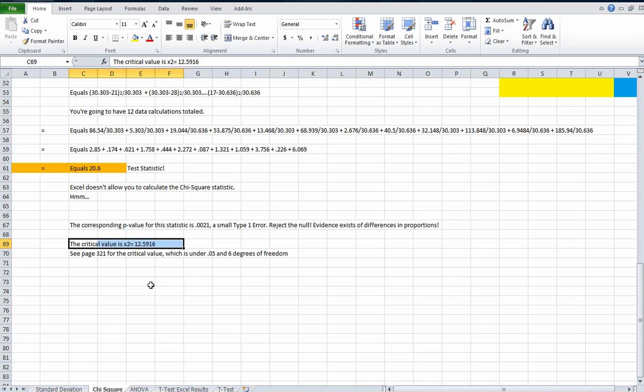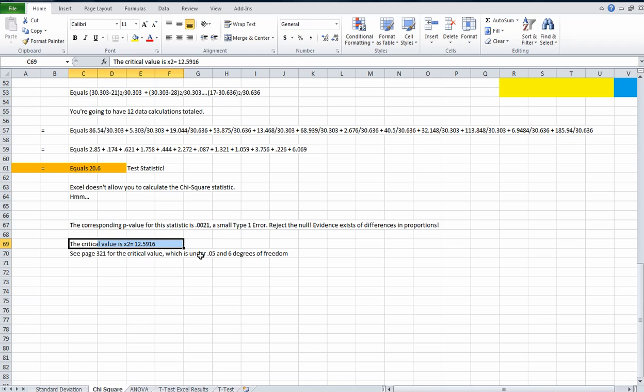So I'm just sharing with you for the calculation people in the group. If you look on page 321, what this shows you is the critical value in light of your level of significance and corresponding degrees of freedom. So on page 321, if you look under 0.05, and that's the column third from the left, and go down 6 degrees of freedom in this particular case, you would find the statistic 12.592, and that represents if the chi-square test statistic is higher than that, then you would reject the null hypothesis.